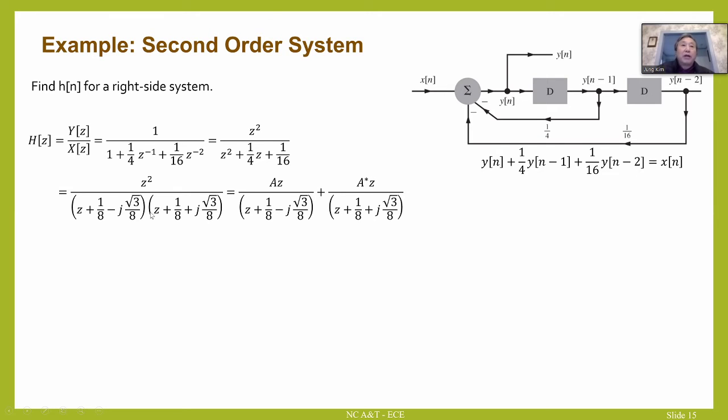You need to apply the partial expansion to H of g over g, and after that multiply by g again.